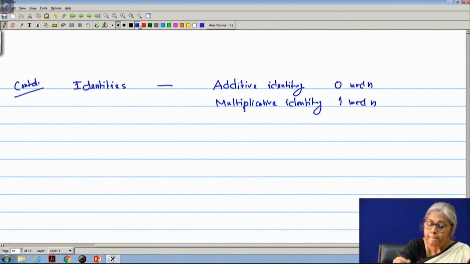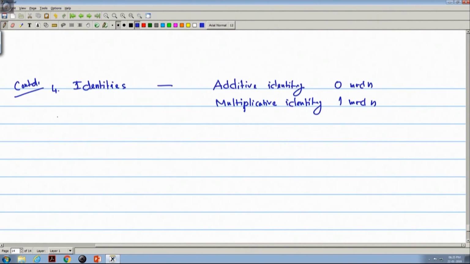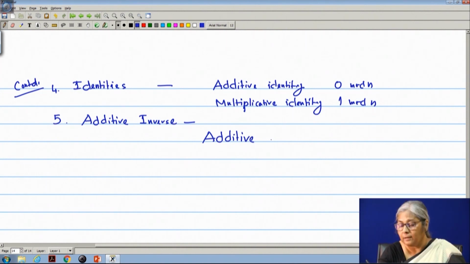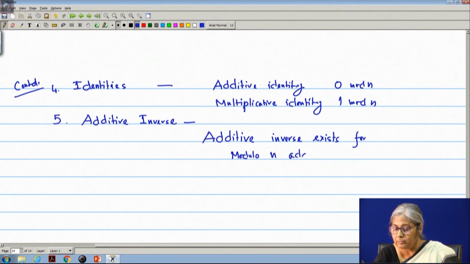Now, the fourth property, and the fifth is the additive inverse. We have seen that the additive inverse exists when we take modulo n addition.